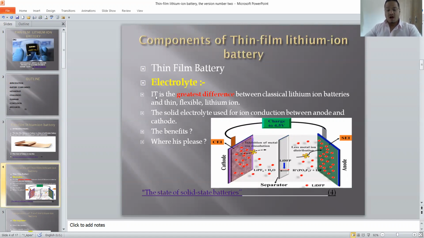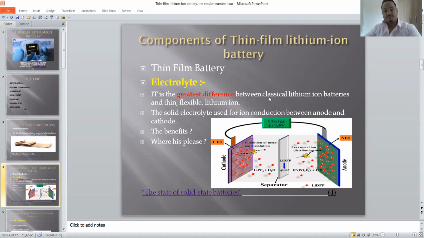But here we have a difference that makes this kind of battery different from the others. It is the greatest difference between the classical lithium-ion batteries and thin flexible lithium-ion.